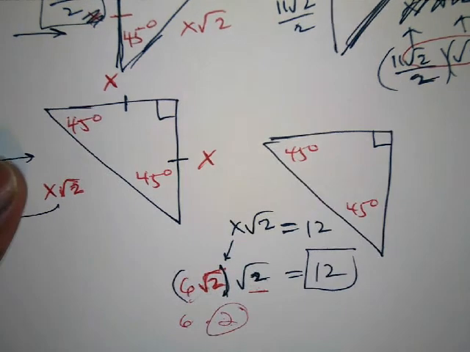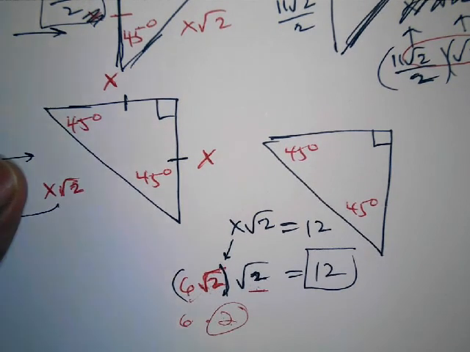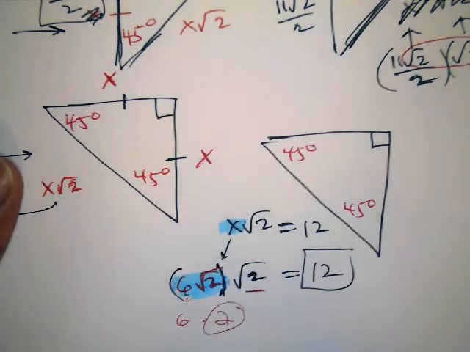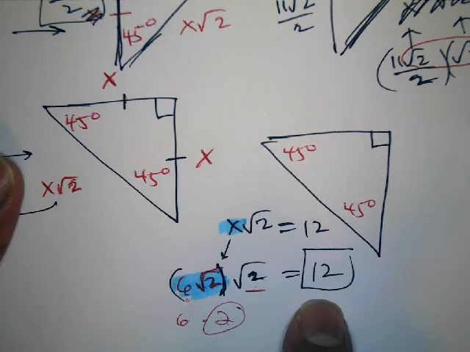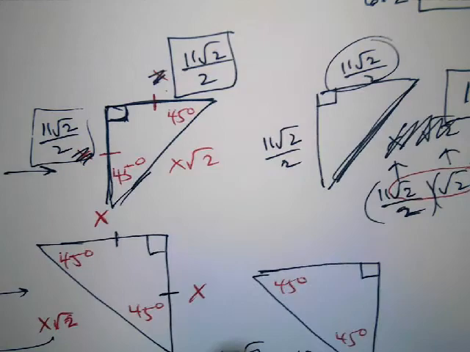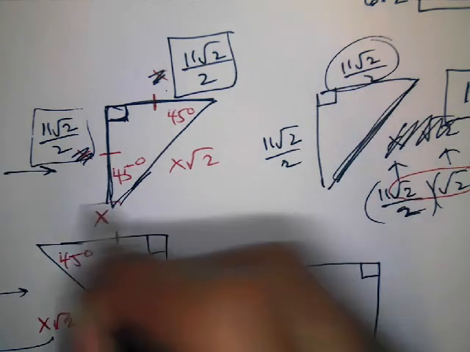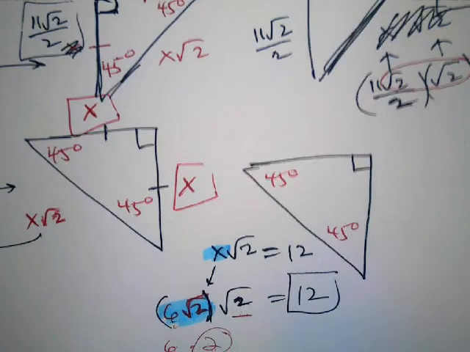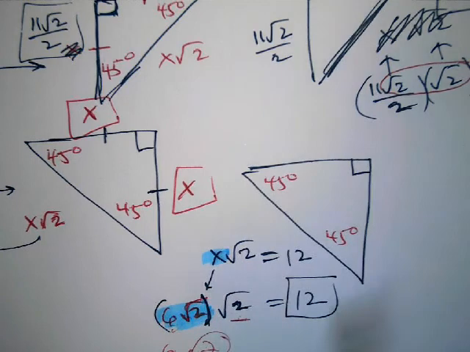So your answer has to have another root 2. When these multiply, it gives you the 2, and then 2 times 6. So that's your value of x. That's your x, 6 root 2. 6 root 2 times another root 2 will be 6 times 2, which will make this a 12. That's your answer for your x.